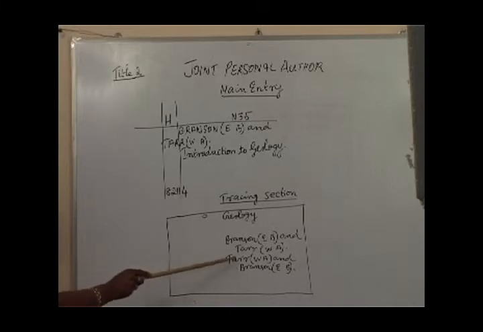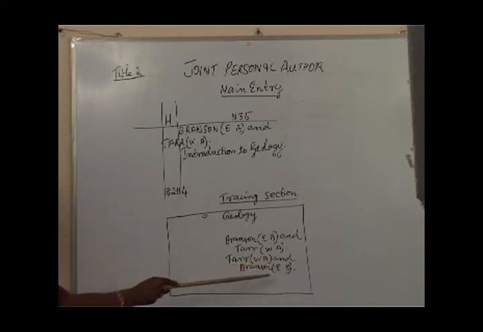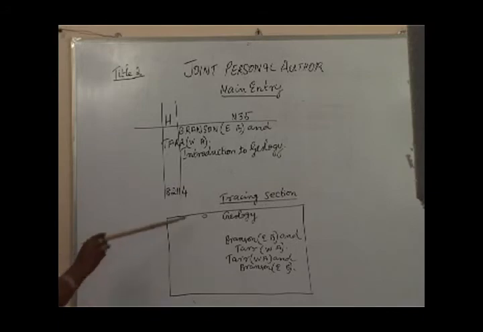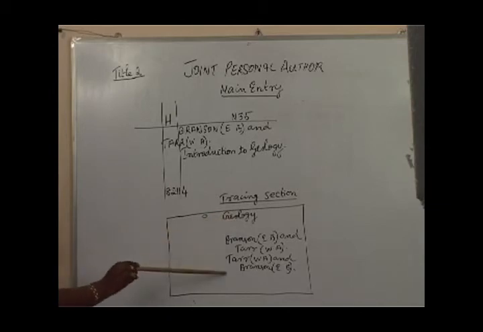So we are preparing a vice versa, that is the second author comes in the first place, Tarr within parentheses WA and Branson EB. So here, if we have two authors, we have to prepare 2 author index entries. So totally we have got 3 index entries in this tracing section, 1 for class index and 2 for author index, which come under book index entry.